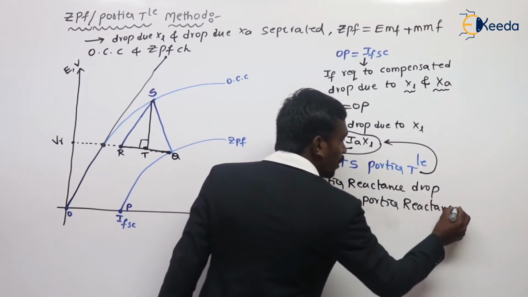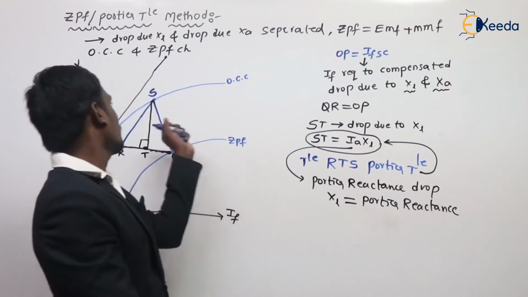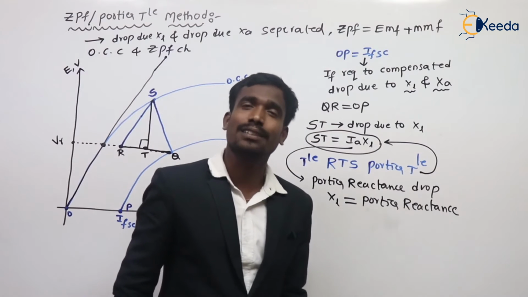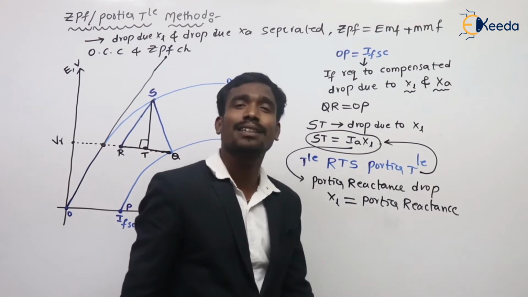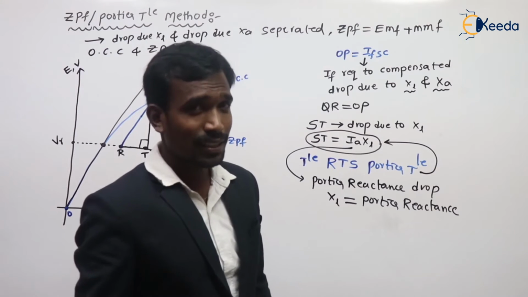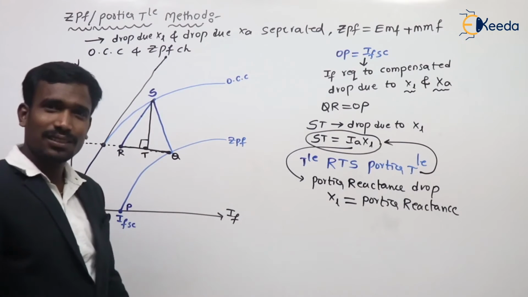Be careful, we have another name for XL because in this Potier triangle we calculated the drop due to XL. That's why it is also termed Potier reactance.